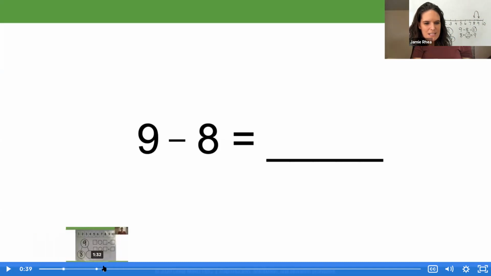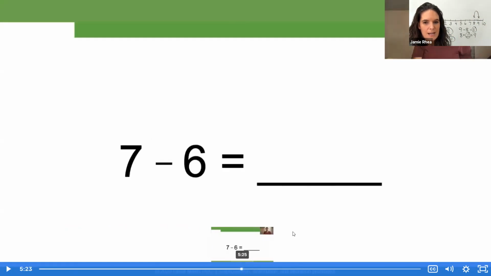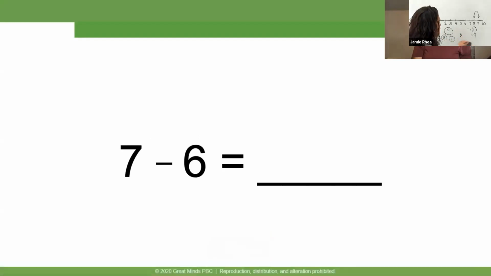So I'm gonna fast forward to the next problem. All right, here's our next problem. Let's go ahead and erase everything except for our number path. Let's make a new number bond.